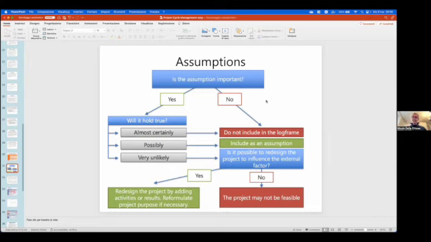So the idea is that the assumptions are something external to our project, but somehow we can still act on them. So, for instance, in the example we saw before, the interest of the bus drivers that should continue to be positive in the project. If this doesn't happen, of course, this is not under our direct control, but we can do something about it.